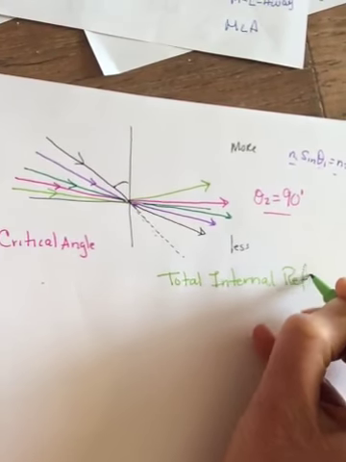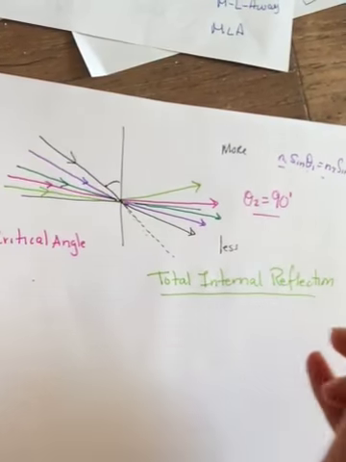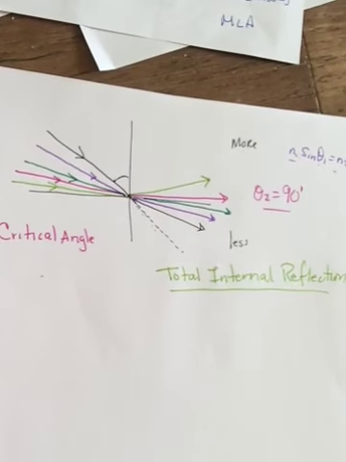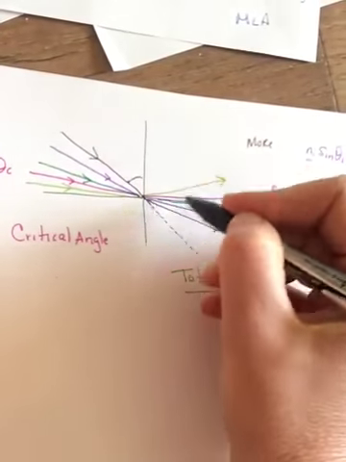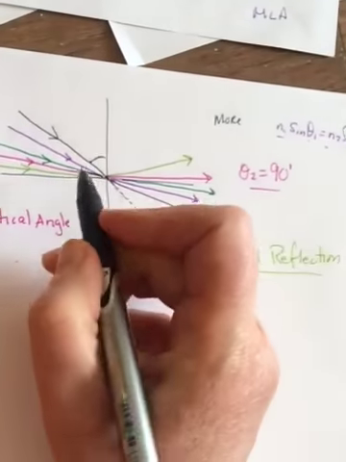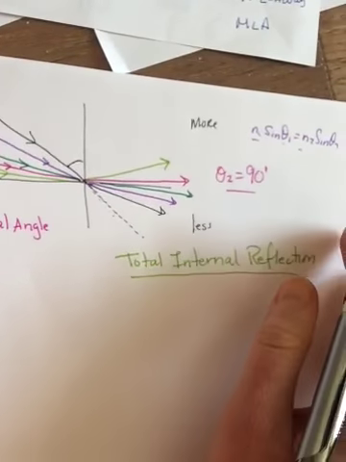It reflects back into the same medium. Total internal reflection. Total means all of it. Internal, back into the medium that it was trying to get out of. And reflection, because it's going to come back up at an angle equal to the angle of incidence.